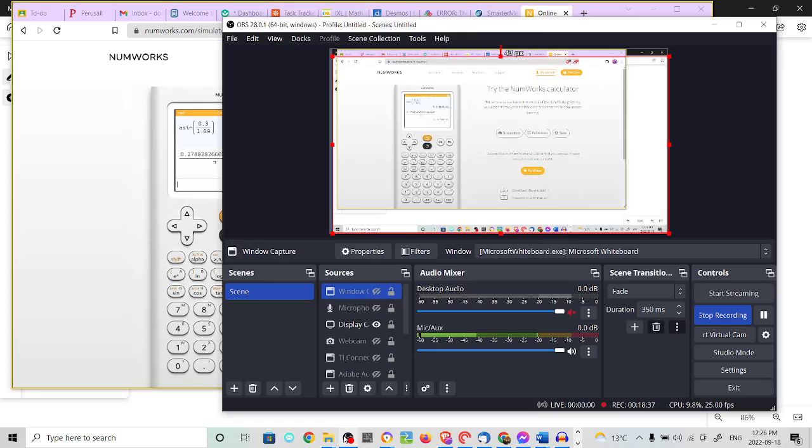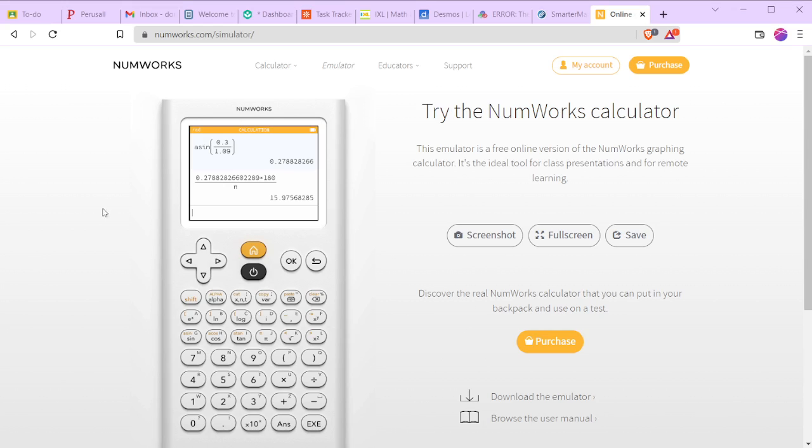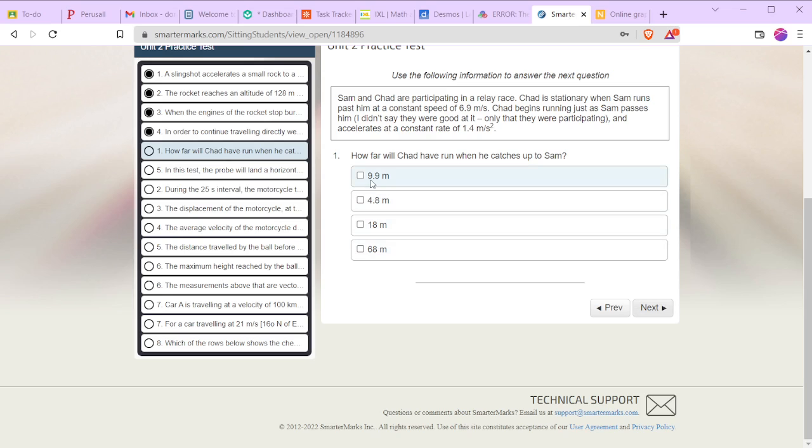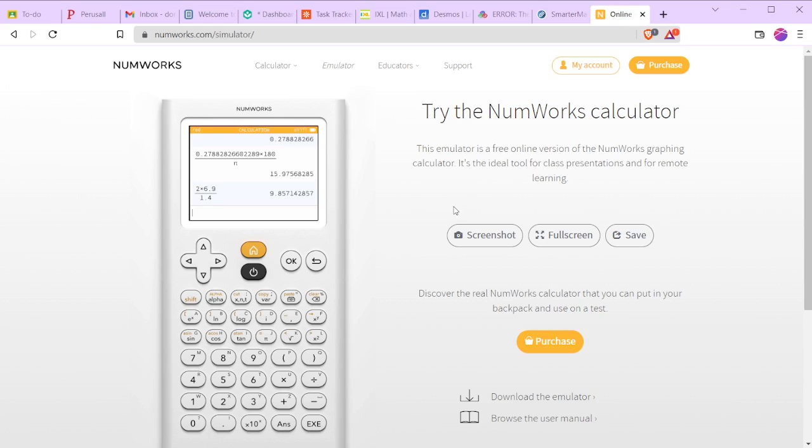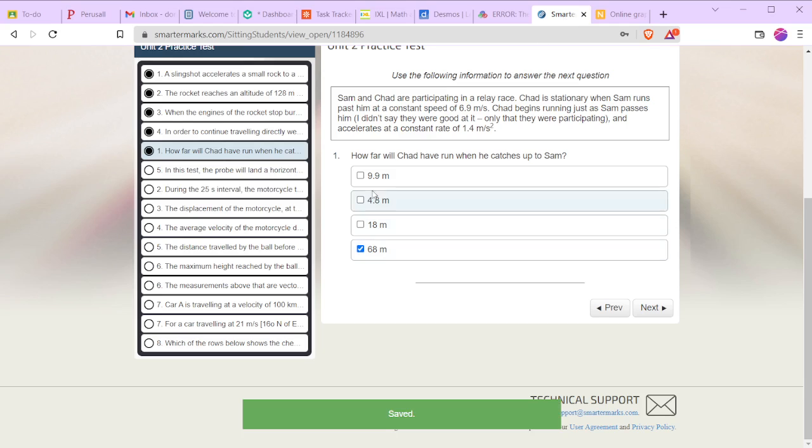So, going back to the calculator, 2 times 6.9 divided by 1.4 gives us 9.85714. Oh, hang on. That's the time. We need the actual distance. So we have to take that time, and it's easiest to find it by multiplying that by Sam's speed, 6.9 meters per second, and that's 68 meters. So that value for the time was there to trap us.